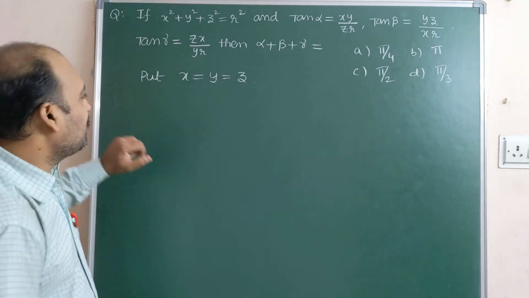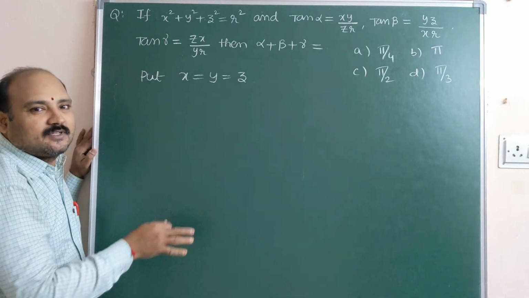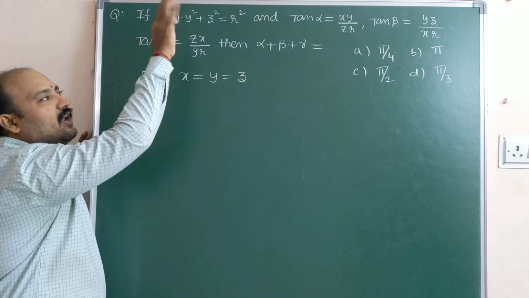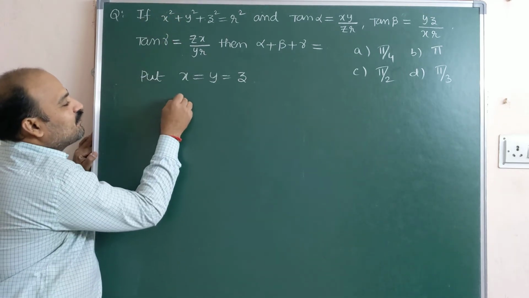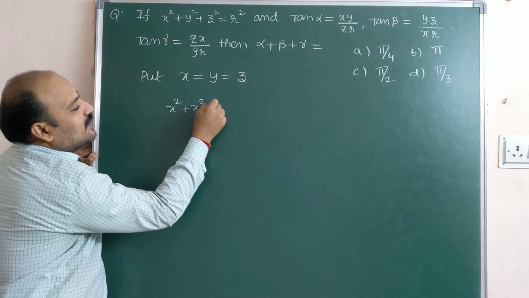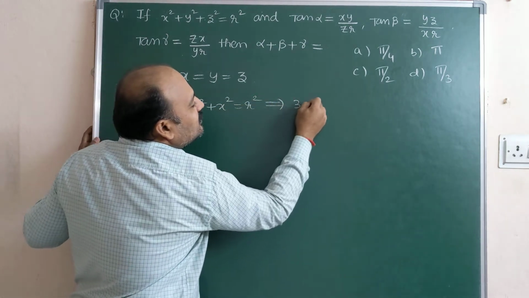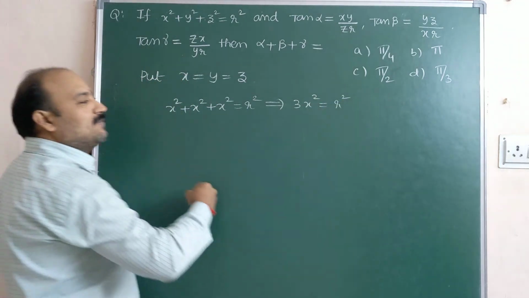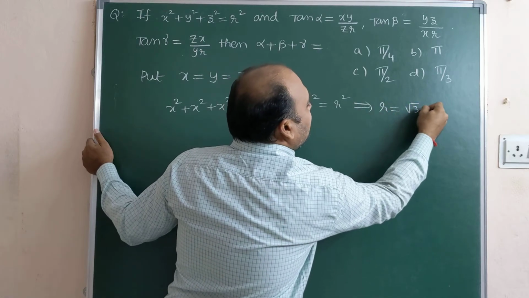Without loss of generality, we can take the x value, y value, z value as x only. So this becomes x square plus x square plus x square is equal to r square. Am I right? So 3x square is equal to r square. From that, making r the subject, r is equal to root 3 into x.